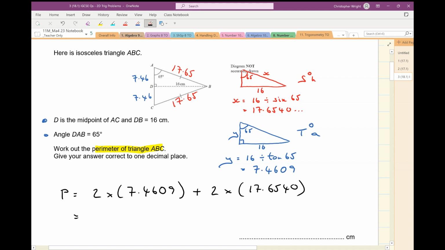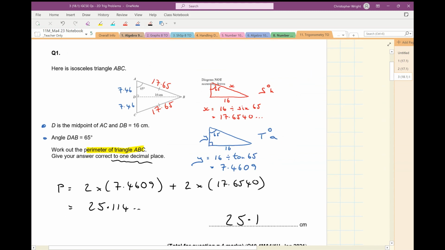So I put that in my calculator, and I get the answer 25.114, and so on. And I'm being asked to give the answer to 1 decimal place. So the answer is 25.1 centimetres. And that is question 1 done.